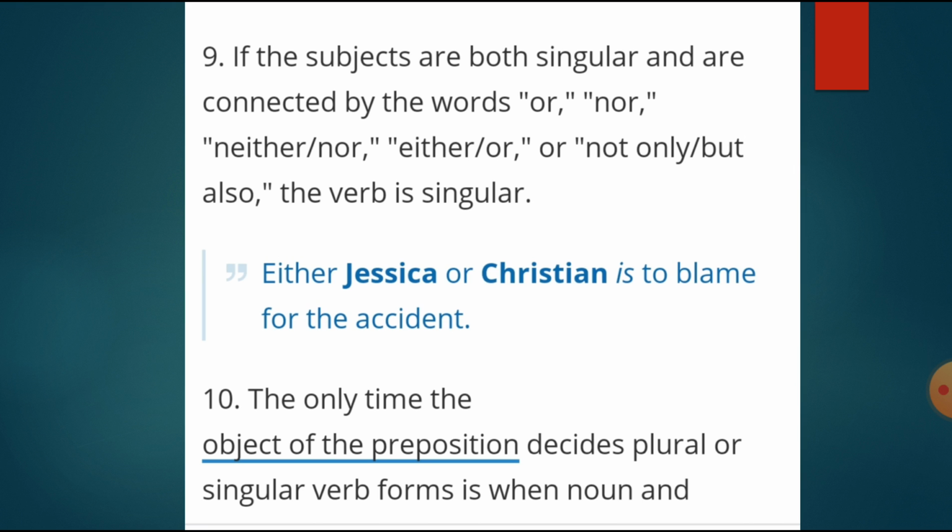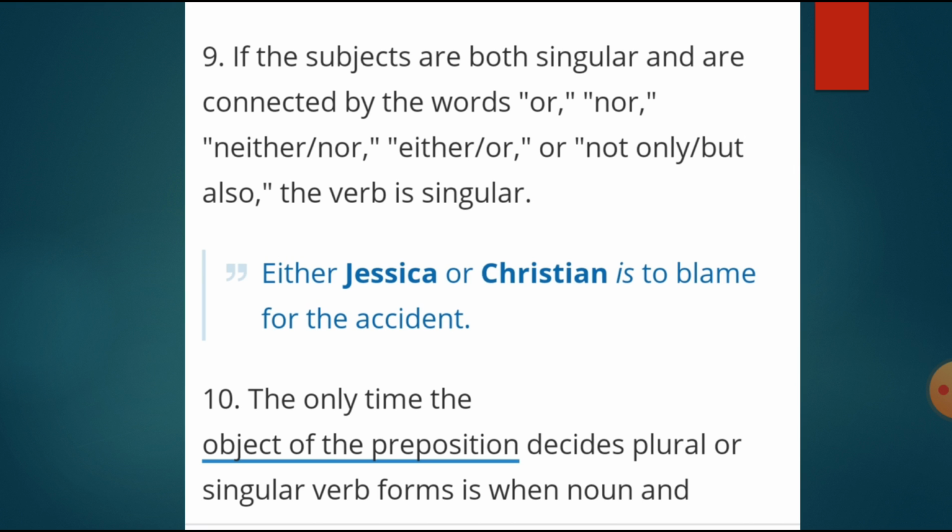Either Jessica or Christian is to blame for the accident. Here you can see both the nouns are singular, so it is easy for us to put a singular verb because they are joined by either or.